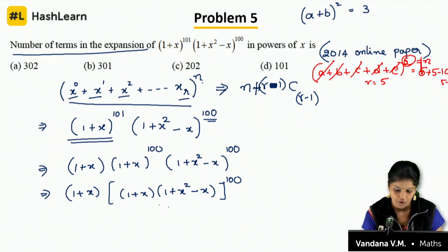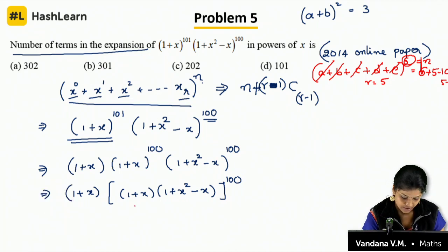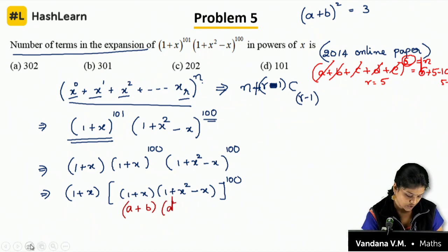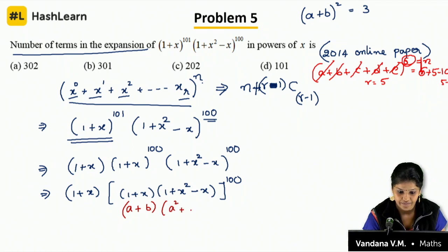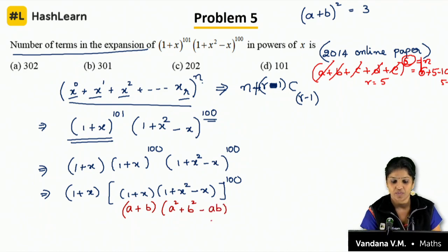It is in the form of a plus b into a square plus b square minus ab. What is the formula?